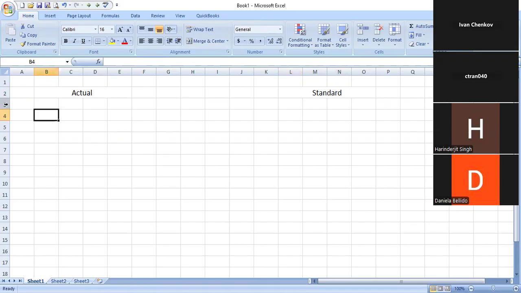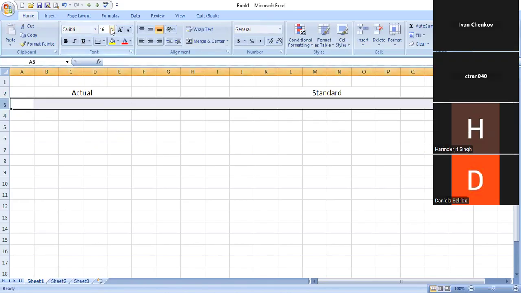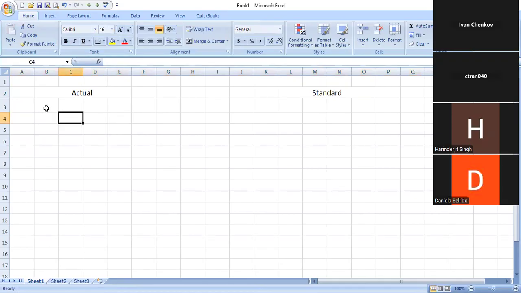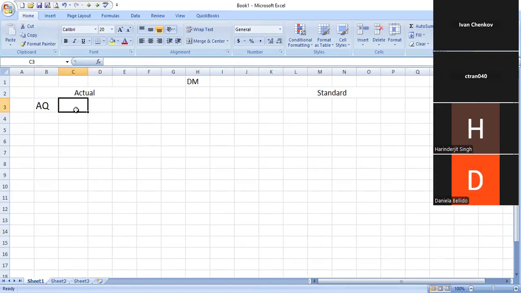For the actual, let's stay on the direct material here. On direct material, on one side, we're going to have the actual quantity times actual price.